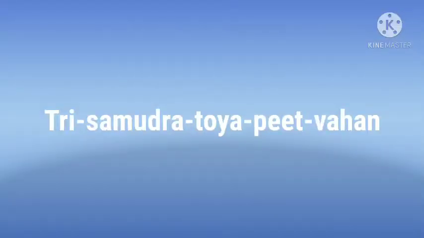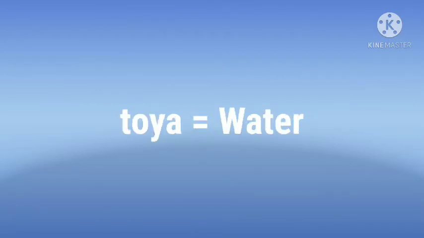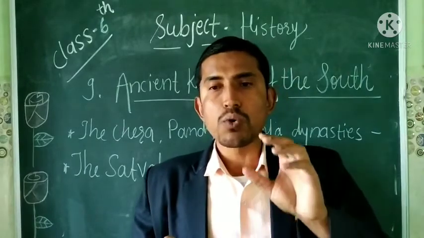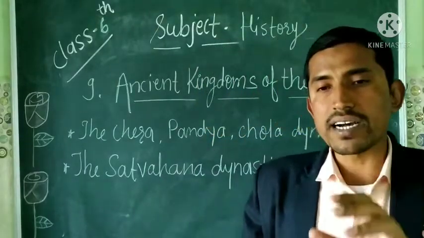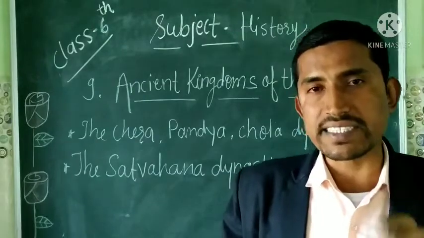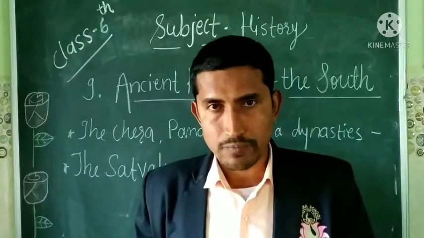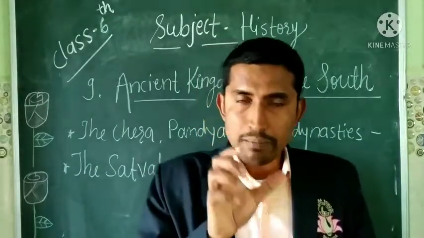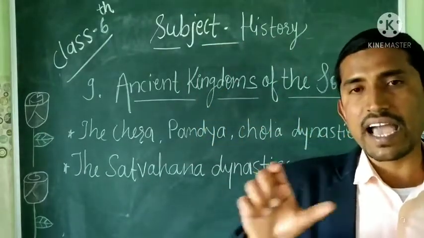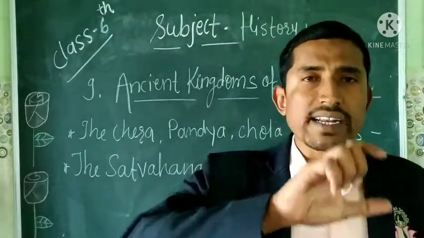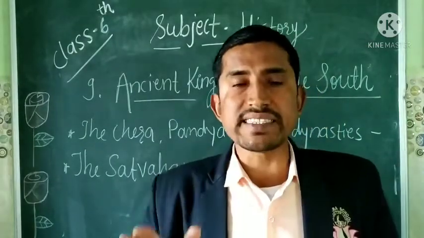Trisamudra Toy Pit Vahan. Toy means water, and the meaning of this whole sentence is: one whose horses have drunk the water of three seas.